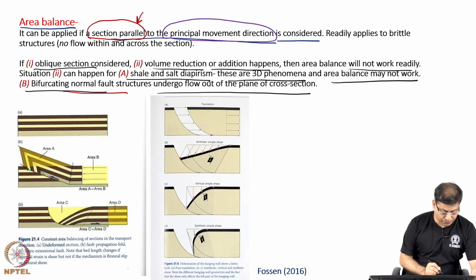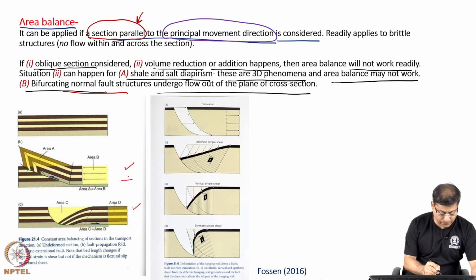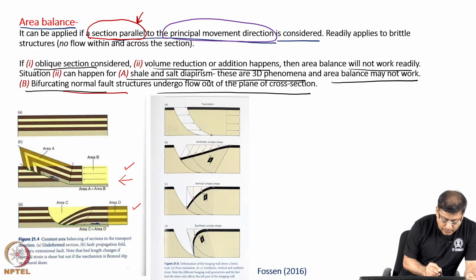Let us look at the area balance method applied on a reverse fault and on a normal fault. This figure is that of a fault propagation fold, which I have already explained. The fault plane is shown by this green line. I am making it a bit bold.